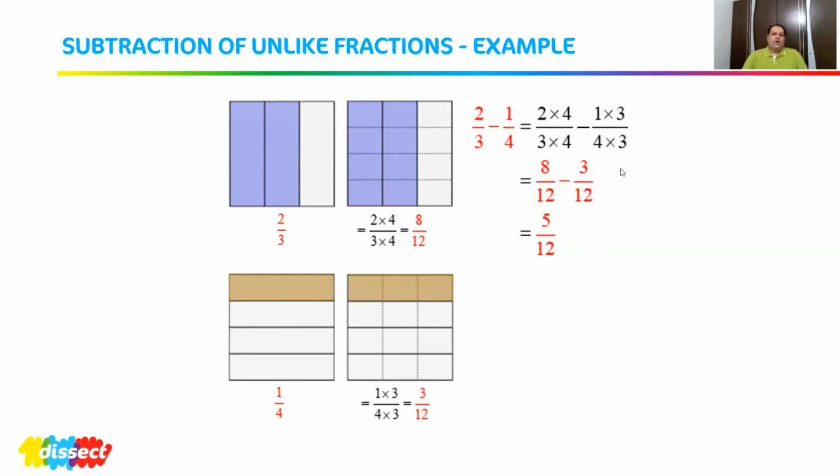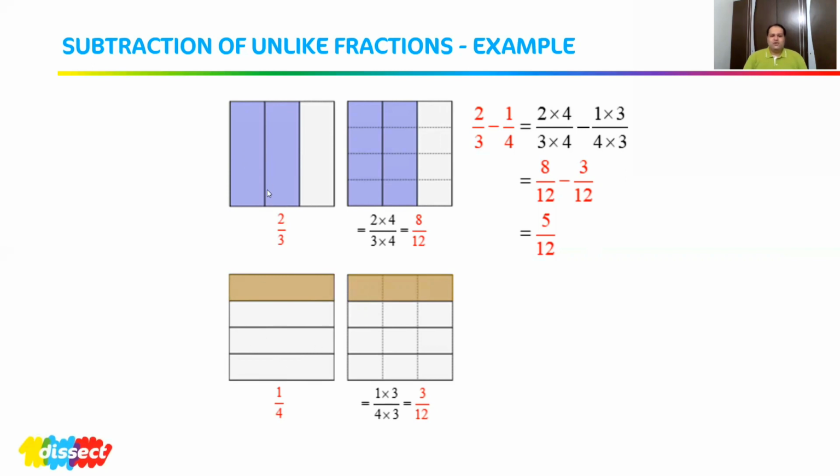But let us look at what happens in the visual form. Here we have 2 selected and 1 selected out of these fractions. Making equivalent means we need the size of the parts to be the same. Now what can we do to make this fraction look the same size as this fraction?